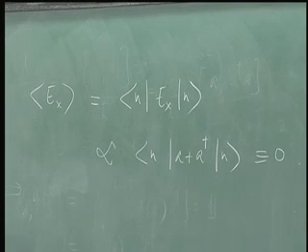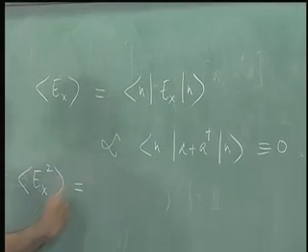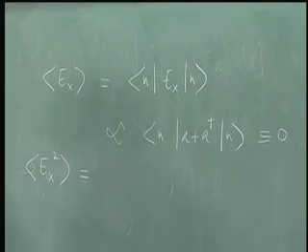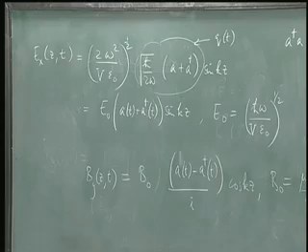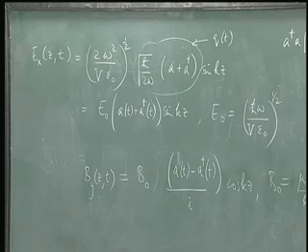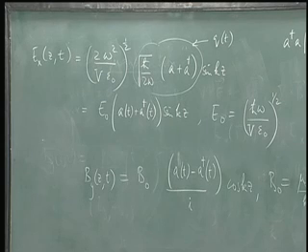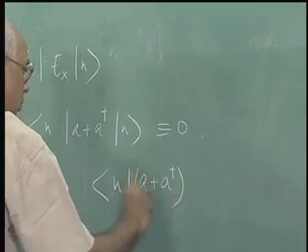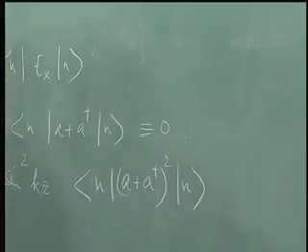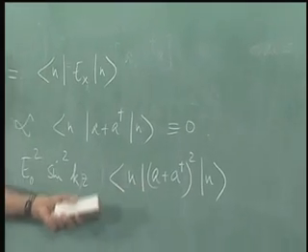What is the mean square value? Ex squared, well, we have got a formula for this, so it is E0 squared sine squared kz times <n|(A plus A dagger) squared|n>. Now what is this equal to?